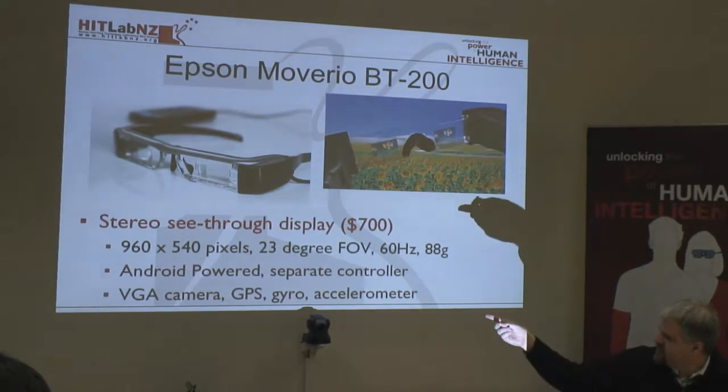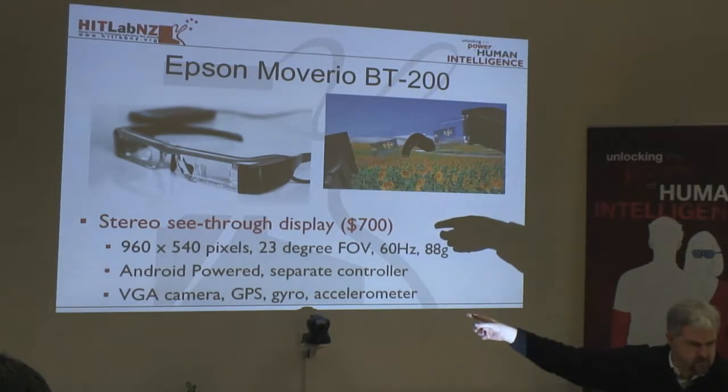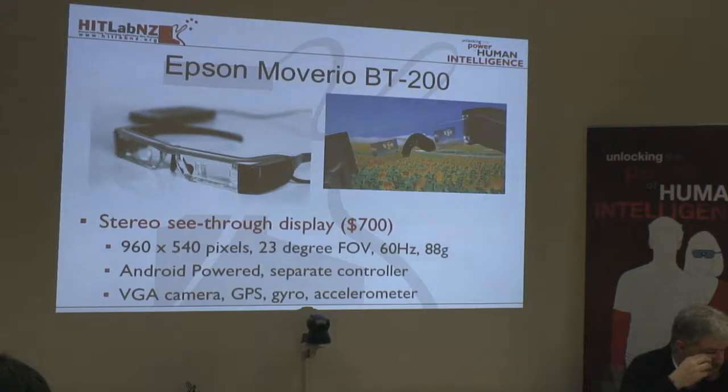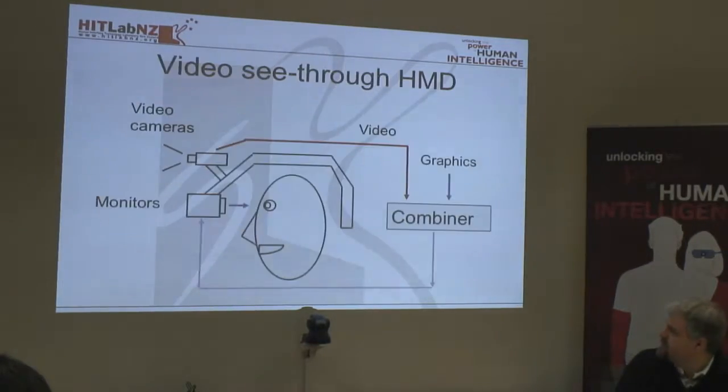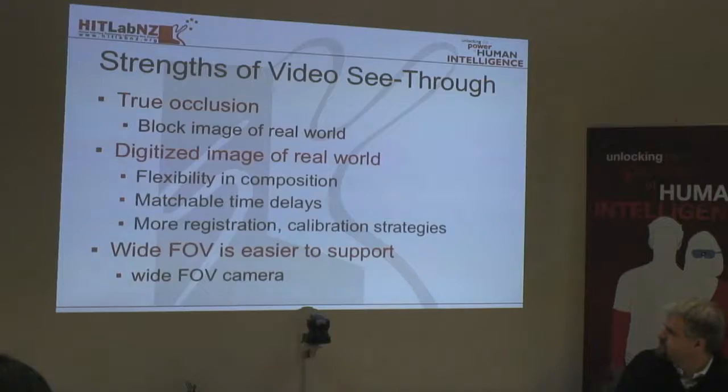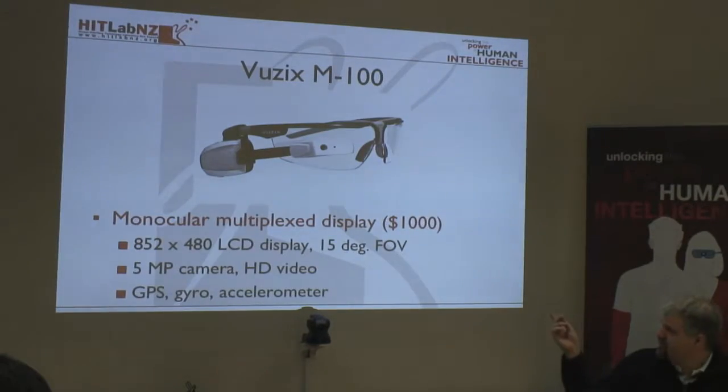And the good thing about this one is it has a much higher resolution, 960 by 540 pixels. So about 1.5 times the resolution of Google Glass. And also completely see-through. And the field of view is a little bit bigger, 23 degrees rather than 15 degrees. And then I think Gunnar also showed you the music one as well, yes. Okay, great.